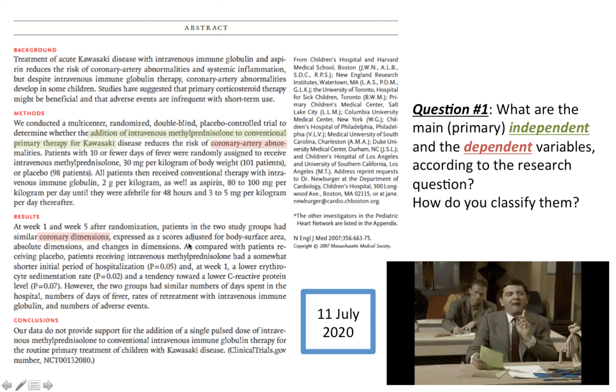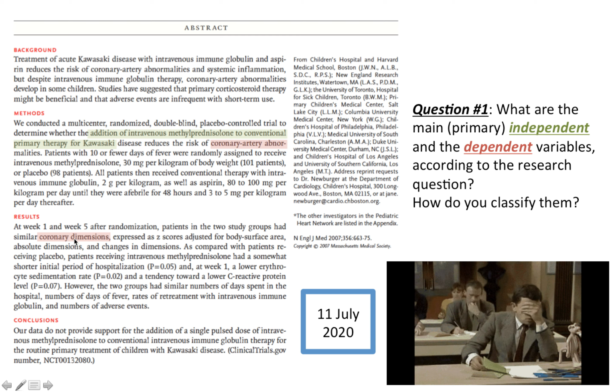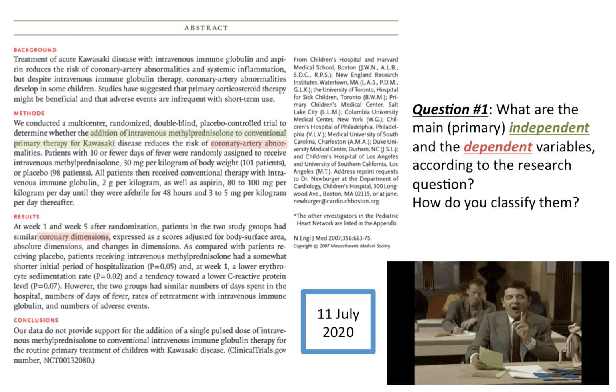Here, I'm going to say something that is related to another outcome. The authors had two primary outcomes. The first primary outcome was to assess the coronary dimensions, both in absolute dimensions, which is 3 millimeters, 4 millimeters, 5 millimeters, 10 millimeters, and the Z score, which is adjusted by body surface area. A Z score could be like 1.5, 2.1, 2.3, 2.2.